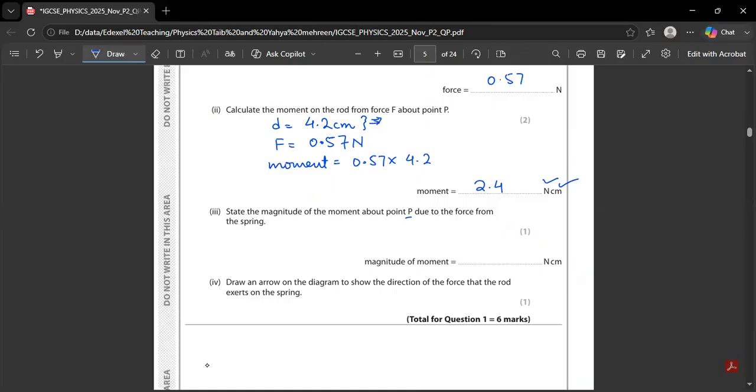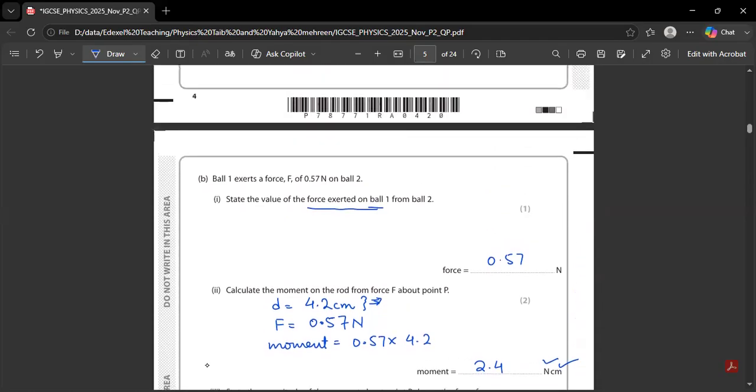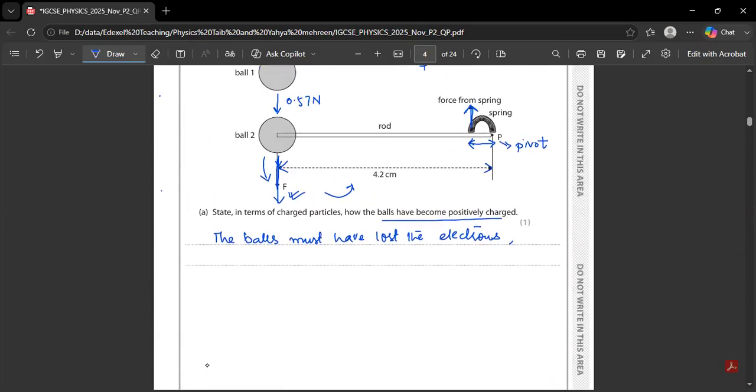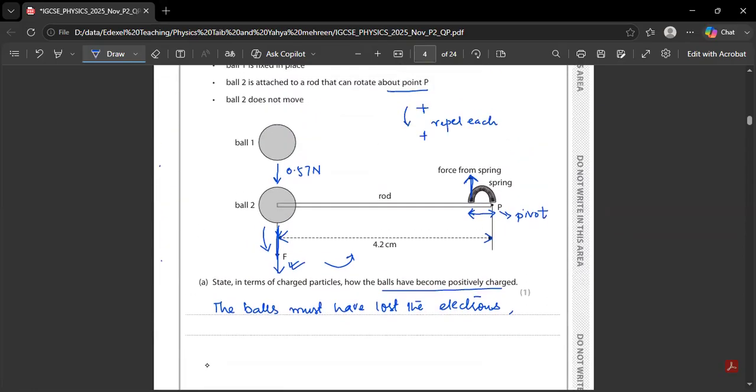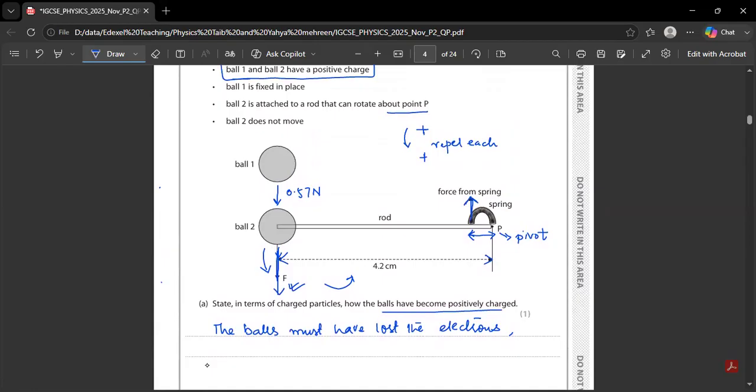Is it going to be to balance? Are they saying to balance? Can you go to the diagram? Yeah, I'm on the diagram.